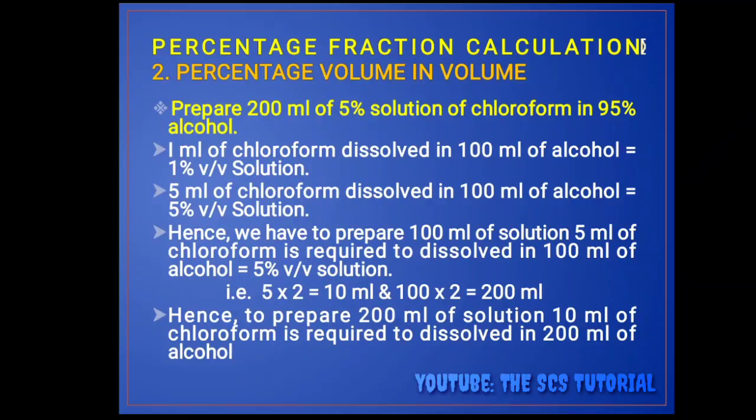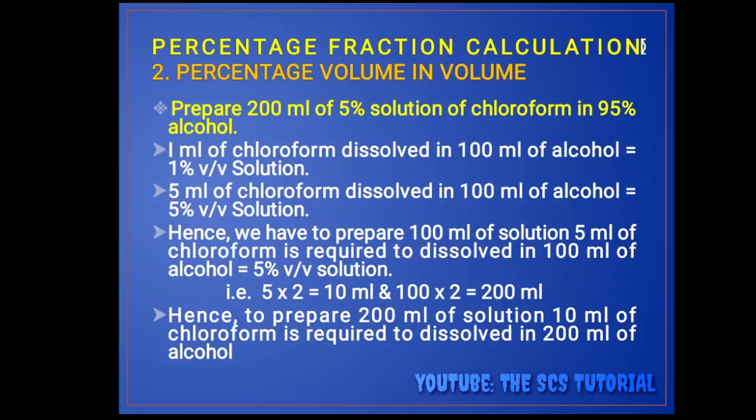If 5 ml of chloroform is dissolved in 100 ml of alcohol, that is a 5% volume by volume solution of chloroform in alcohol. Hence, to prepare 100 ml of solution, 5 ml of chloroform is required to be dissolved in 100 ml of alcohol.